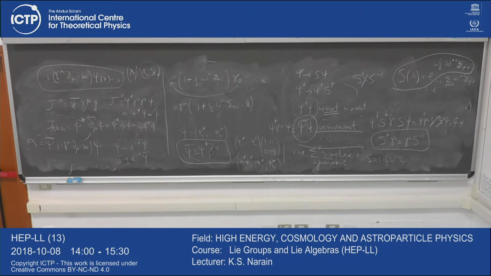You just take any Lie algebra element, exponentiate it, and that will give you a finite group element. If we show something for an element near the identity, then it's true for any element.